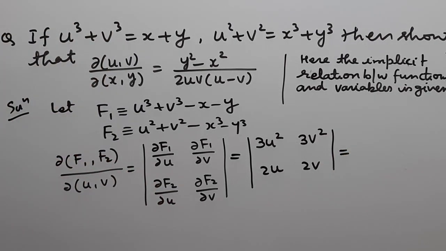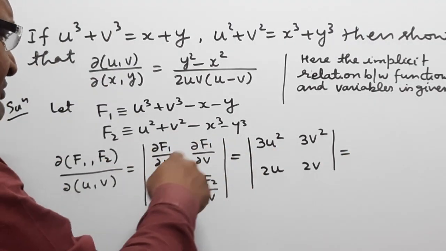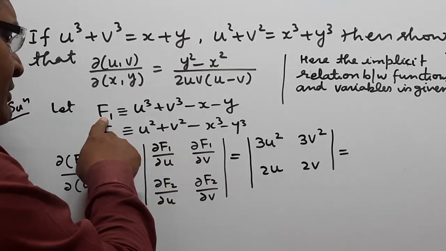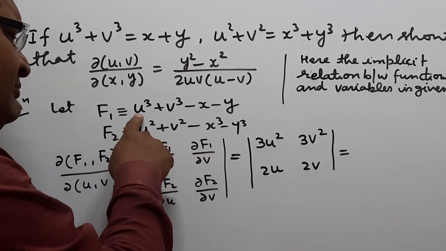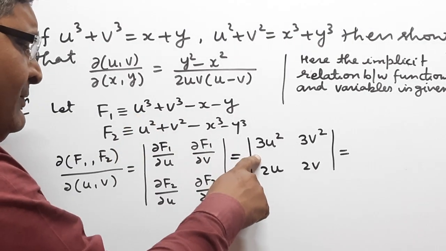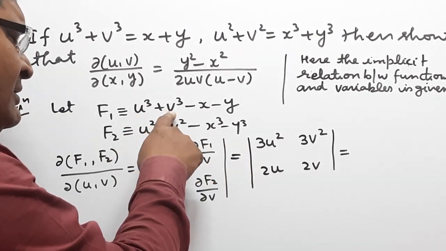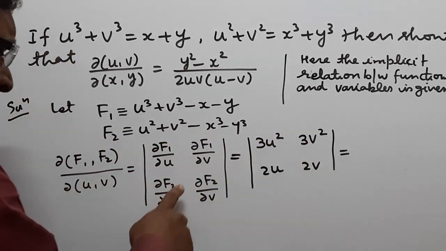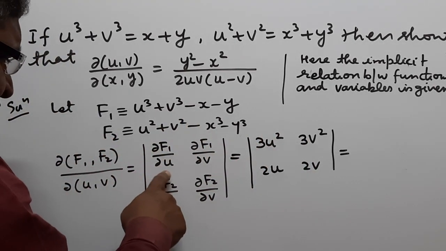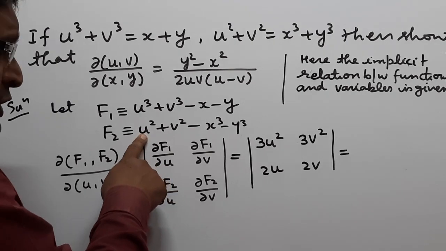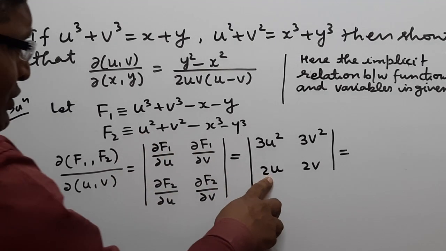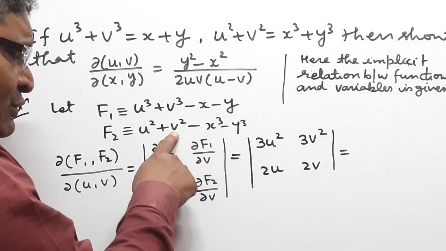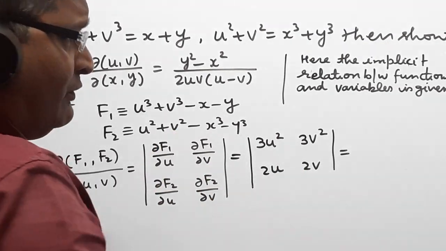Here in the first row, the partial derivative of f1 with respect to u is 3u square. When we differentiate f1 with respect to v, we get 3v square, and the partial derivative of f2 with respect to u is 2u, and with respect to v is 2v.